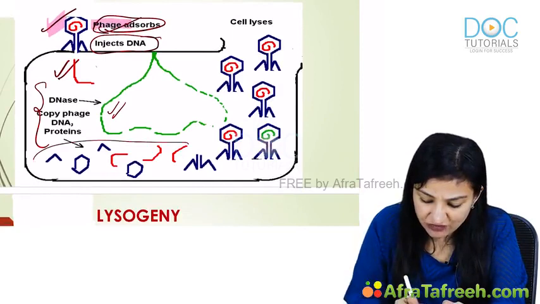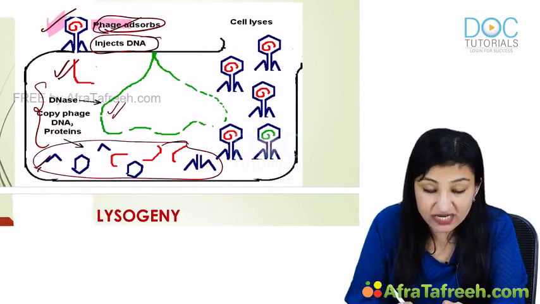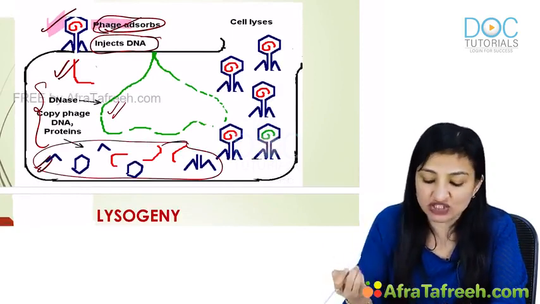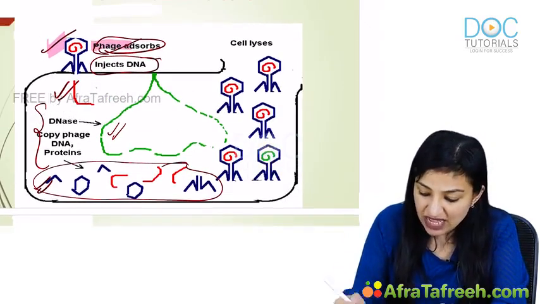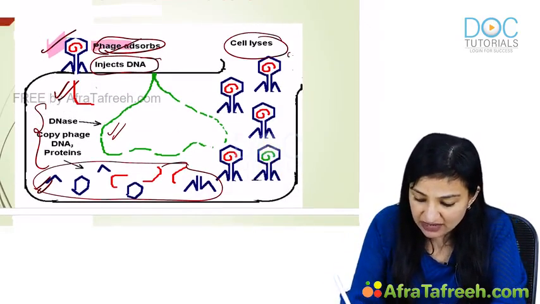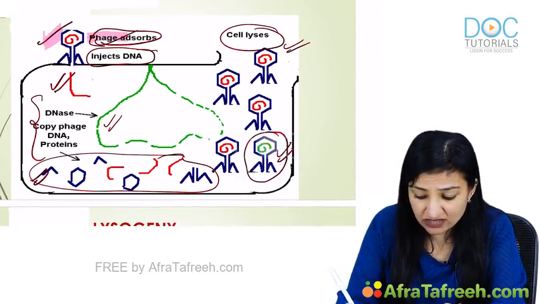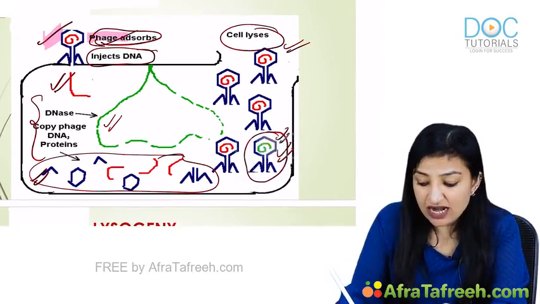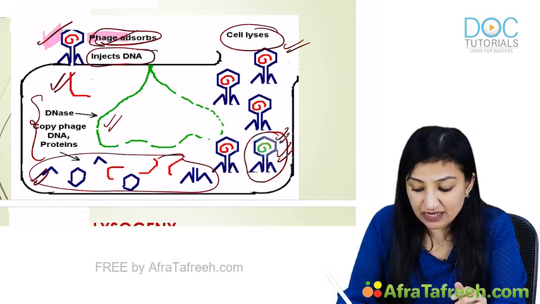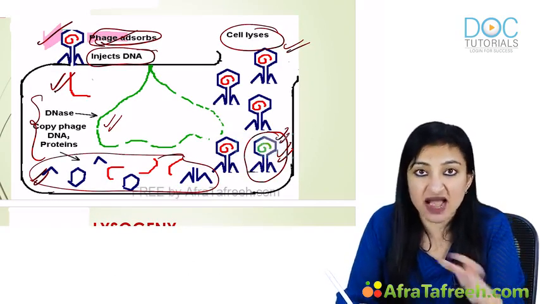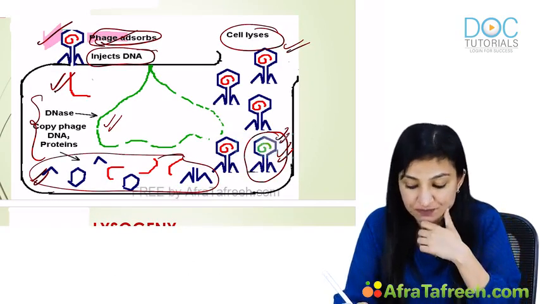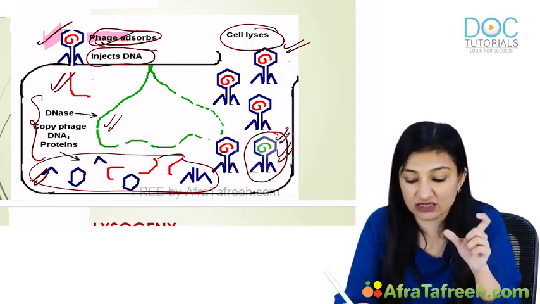Then all these fragments are the components of the phage, the phage genome and the phage proteins, and then assembly occurs and the cell lyses. And look at this: this phage has its genome in green color, which means that it erroneously, by mistake, has packed a fragment of the bacterial genome, which is green in color.